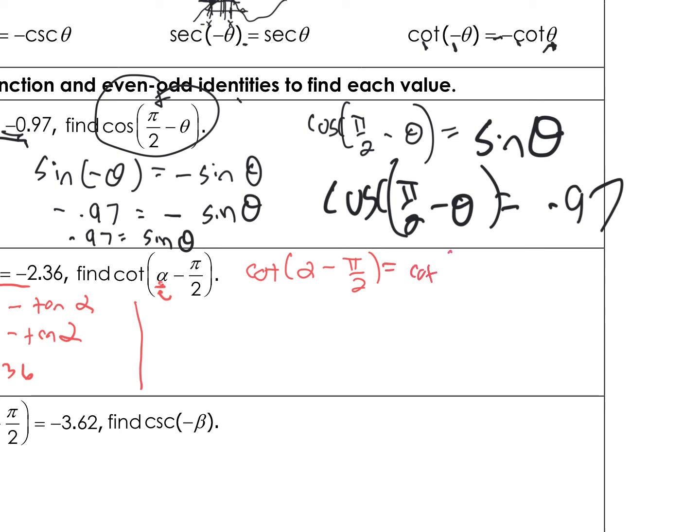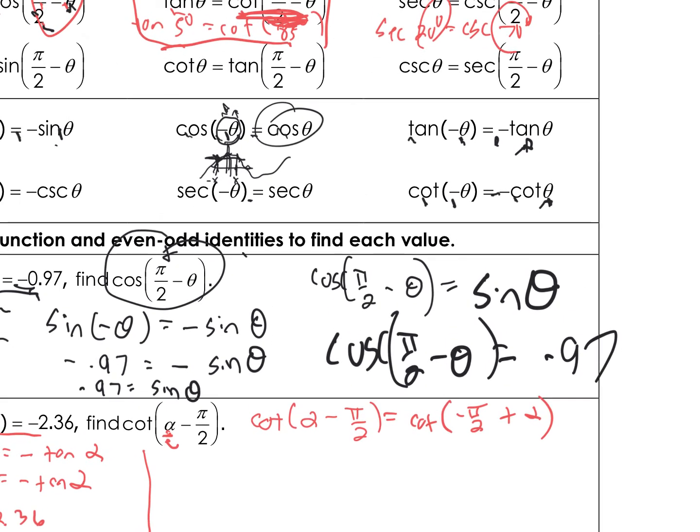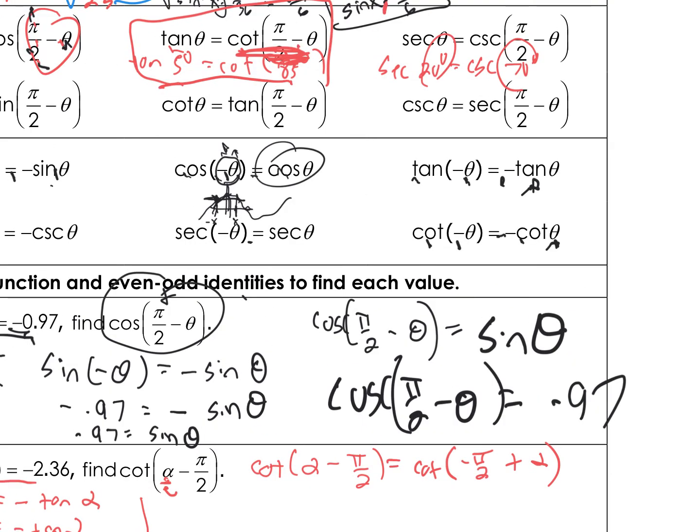It should be equal to the cotangent of negative pi over 2 plus alpha. That's still not exactly right, because I need pi over 2 minus alpha. See that up there? I need pi over 2 minus the angle.